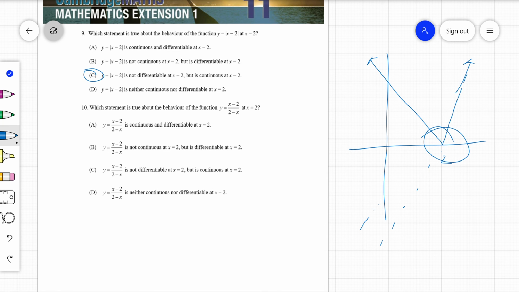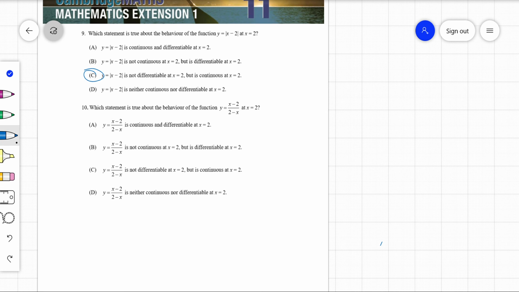Whereas when I look at 10, you can see, first of all, if you just looked at the bottom, you'd say, oh, x cannot be 2, right? X cannot be 2. And that is true. So often we draw an asymptote there.